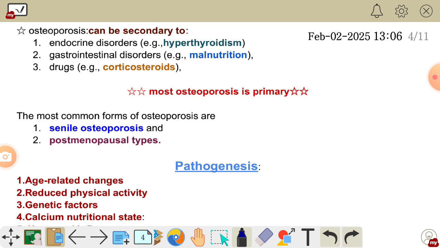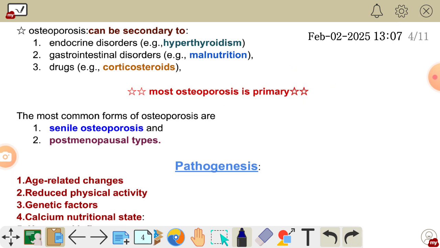So these are secondary causes. Okay, so due to malnutrition, someone can end up having osteoporosis. And apart from that, we have drugs. So drugs such as corticosteroids can also cause osteoporosis. Okay, and then apart from those secondary causes, we have primary causes.